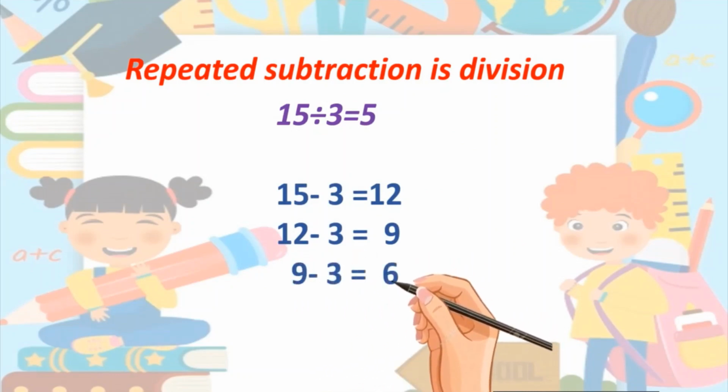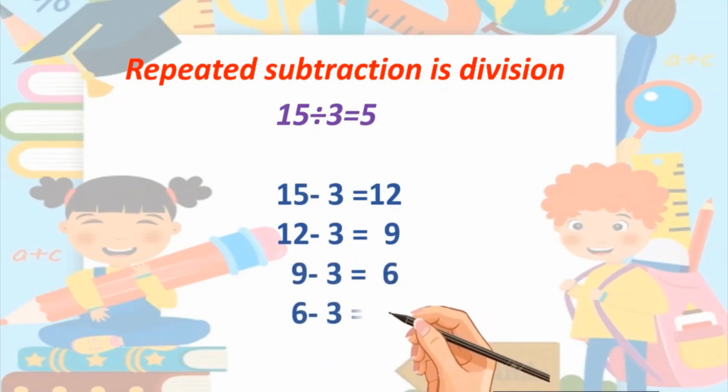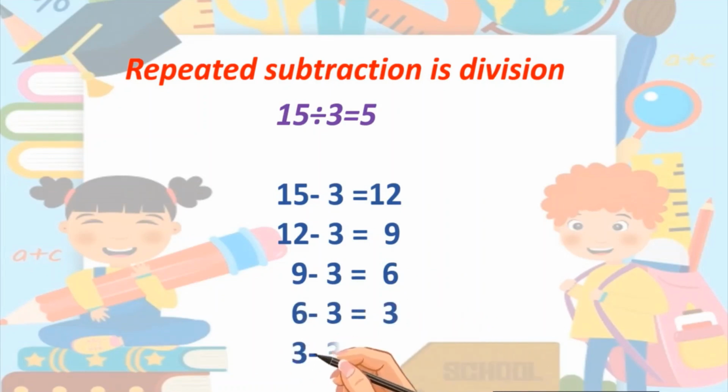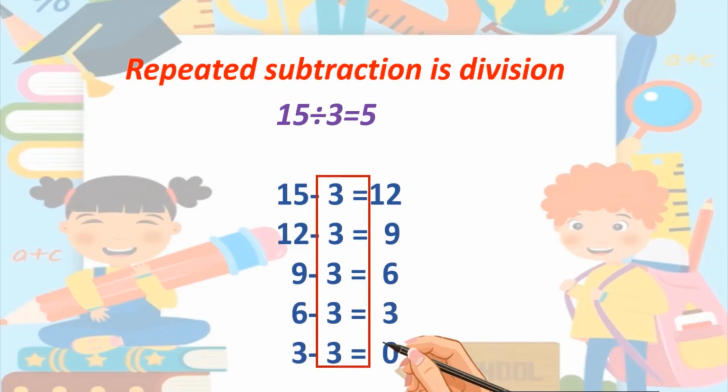And again subtract 3 to get 6. And then subtract 3 to get 3. And 3 minus 3, finally we get 0. Here, to find the answer, we count the number of times the digit has been subtracted, which is 5 here.